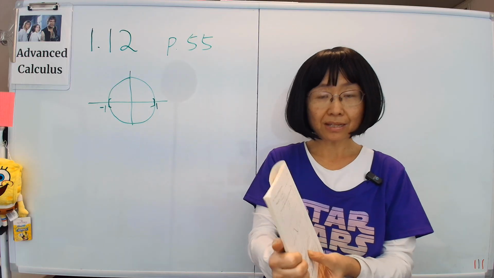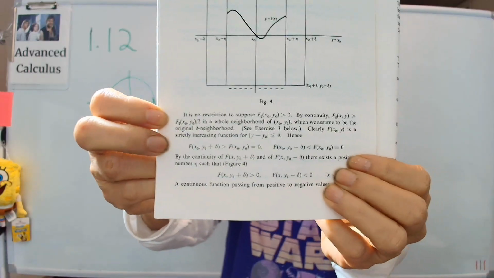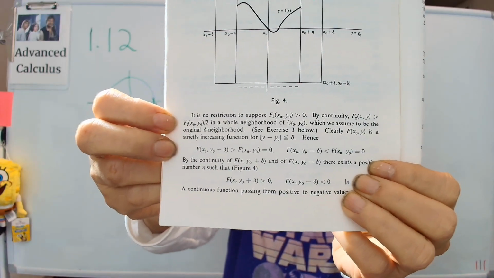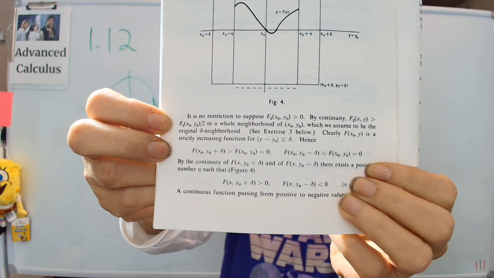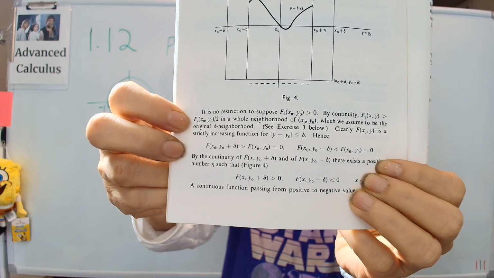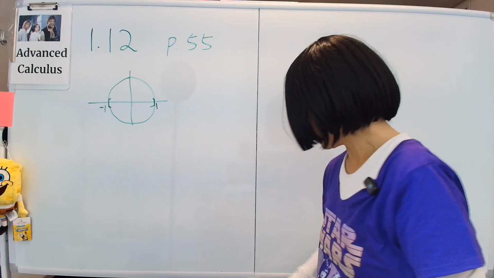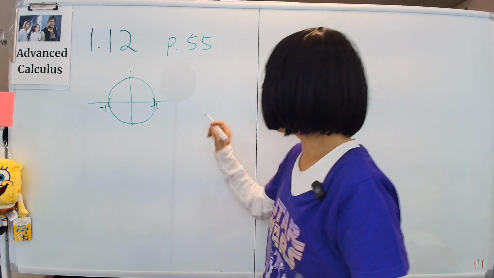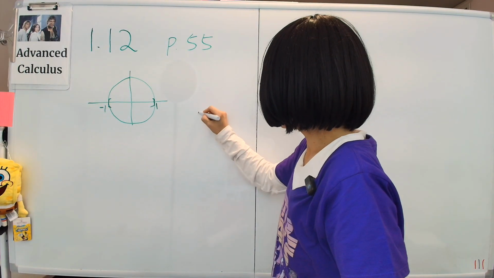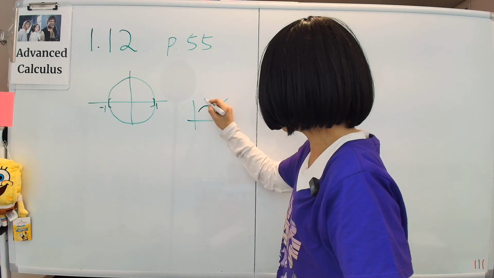Now, being bigger than 0, that is not hard to imagine, right? In the delta, we just yank that out and assume that that's the original delta neighborhood. That is, say we have a function running around and it's bigger than 0 in a small area, okay?